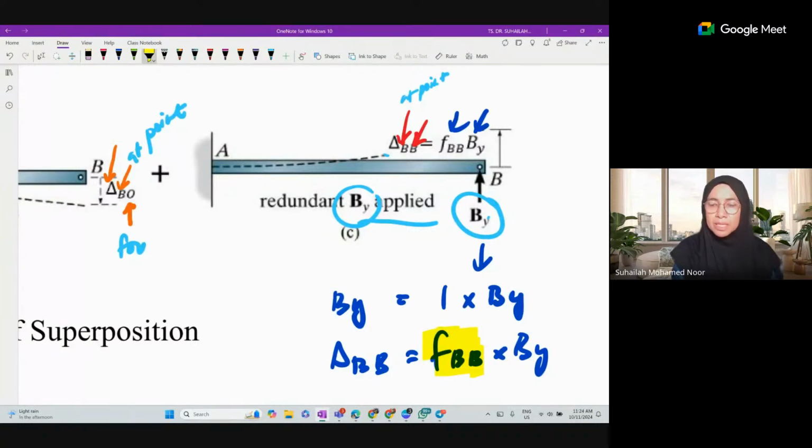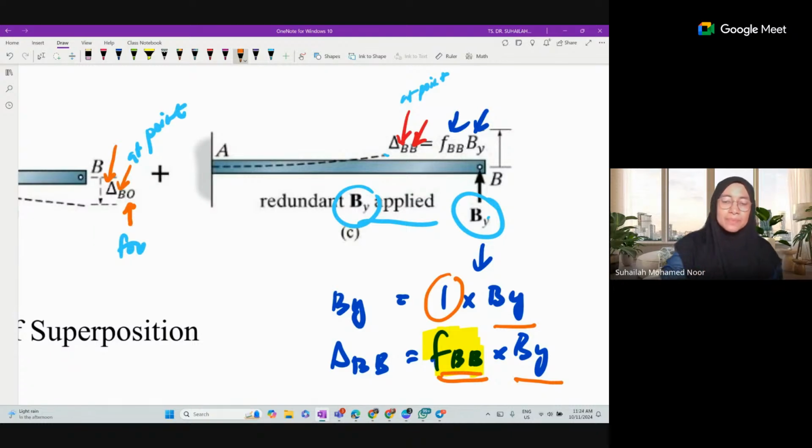All displacement due to a unit value of BY will be labeled as FBB.